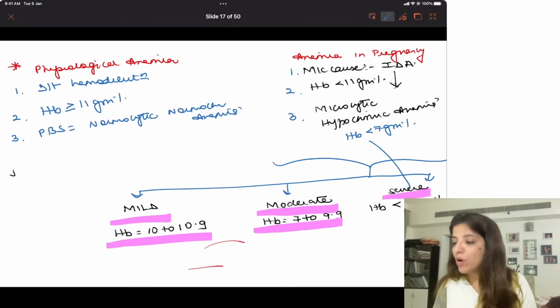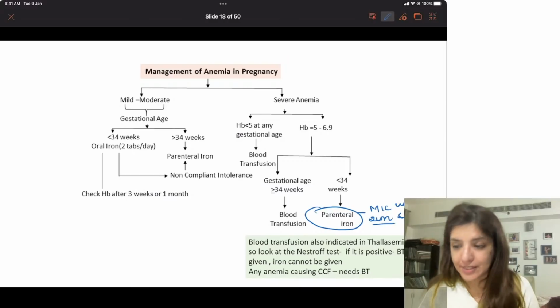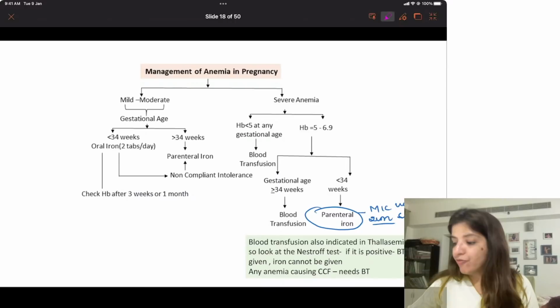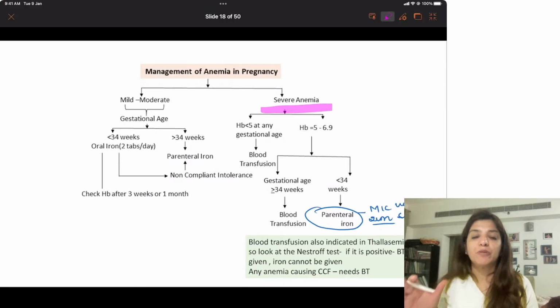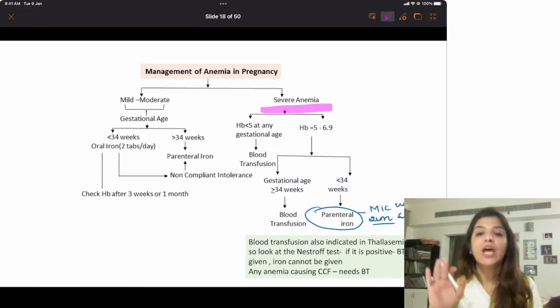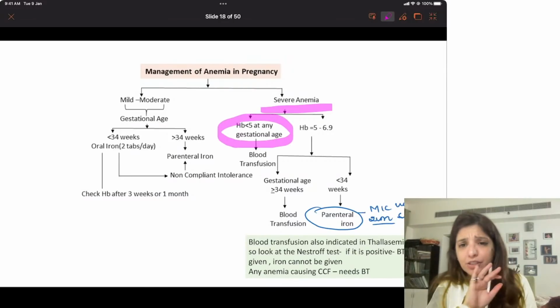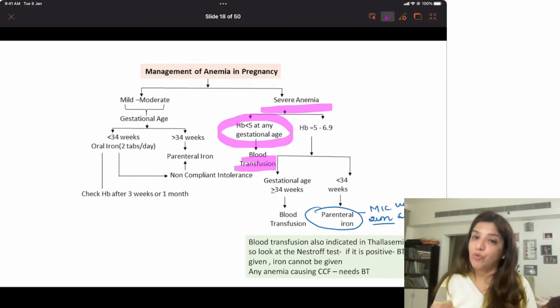Now, the algorithm which you have to follow for management of anemia in pregnancy is, if it is severe anemia, you have to see whether hemoglobin is between 5 to 6.9 or less than 5. If hemoglobin is less than 5 at any gestational age, the answer is blood transfusion.